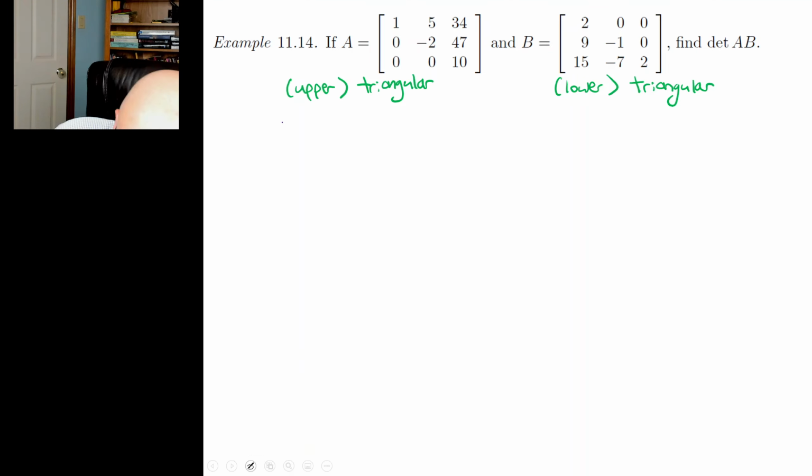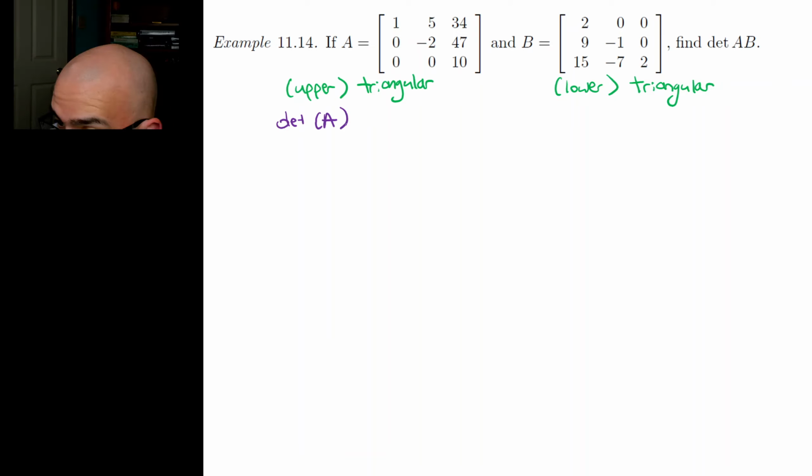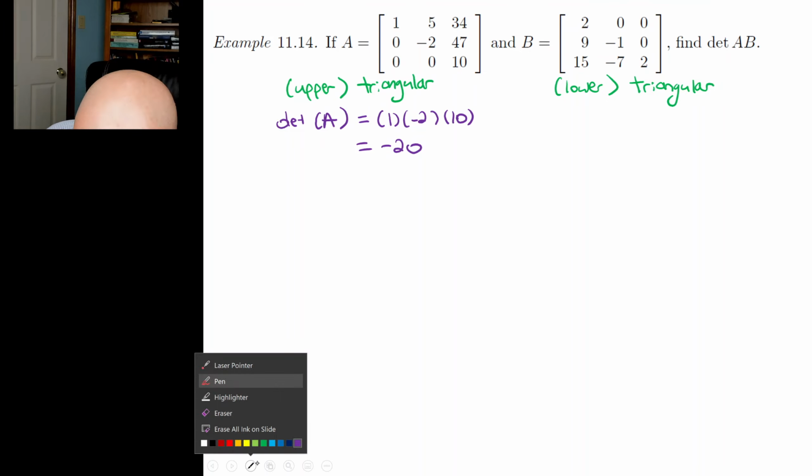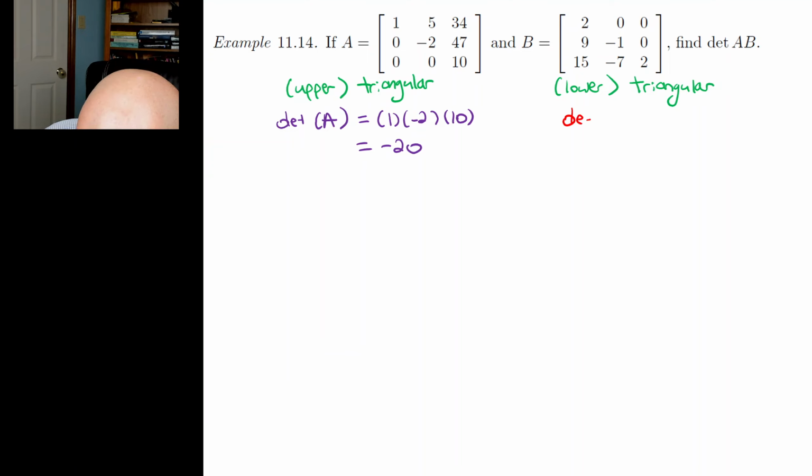So the determinant of A is equal to 1 times -2 times 10, which is -20. And the determinant of B is 2 times -1 times 2, which is -4.